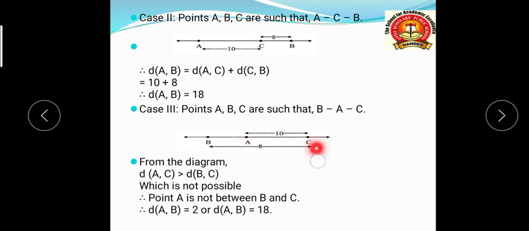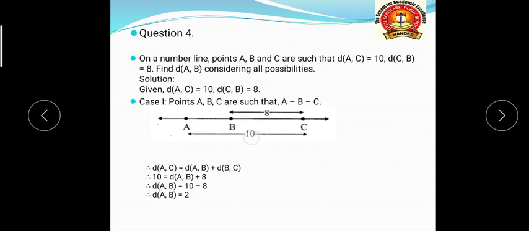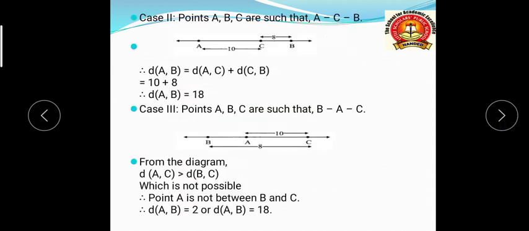So is it possible A is in between B and C? Because BC minus AC, from smaller number to greater number, it will come as minus 2. So distance is never negative and therefore point A is not in between B and C. Only two possibilities are possible. Which ones? Maybe B is in between or maybe C is in between.